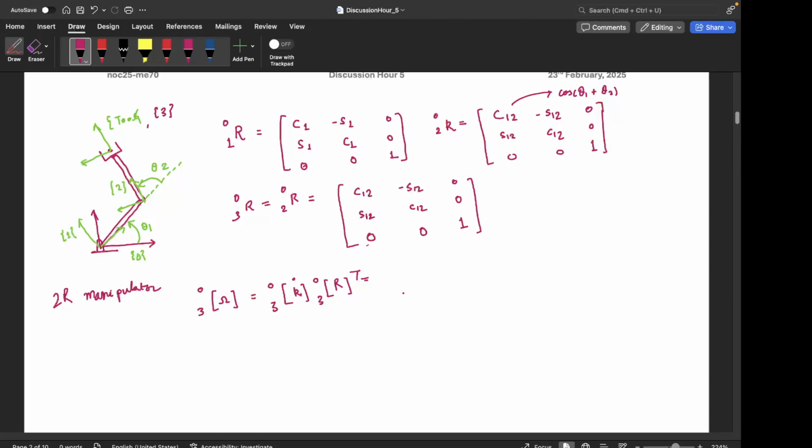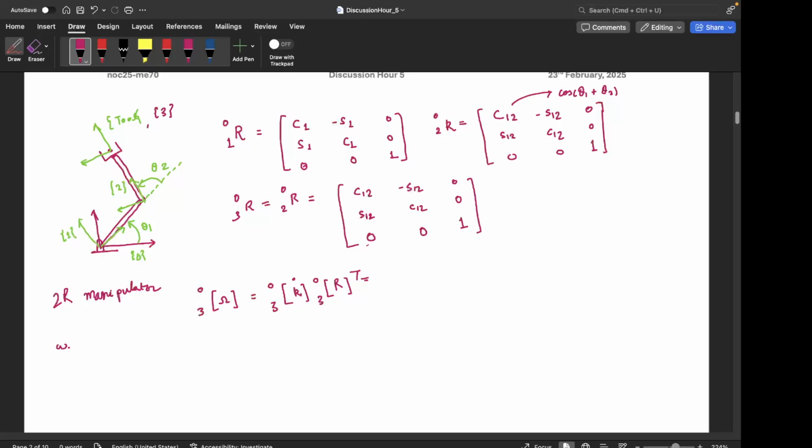That gives us a sense of satisfaction that this holds up. It's very straightforward to write the angular velocity of the end effector.